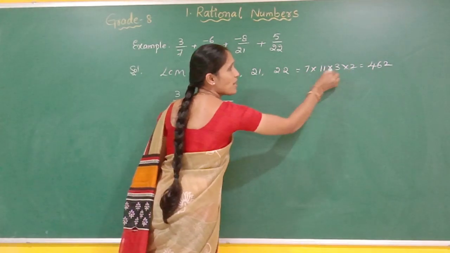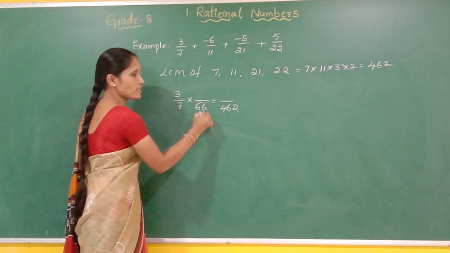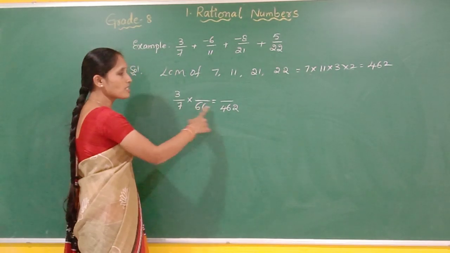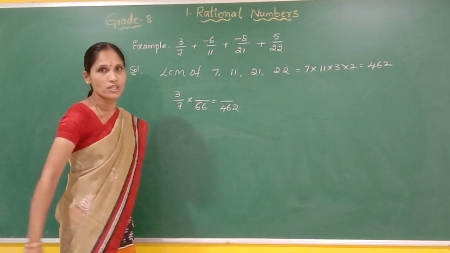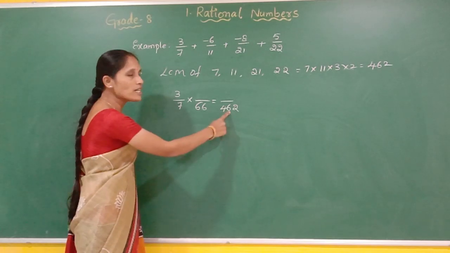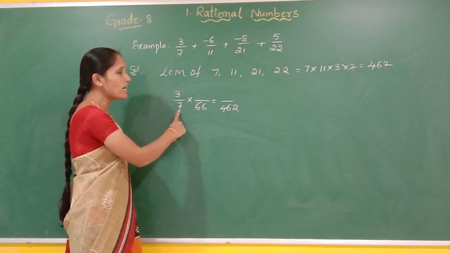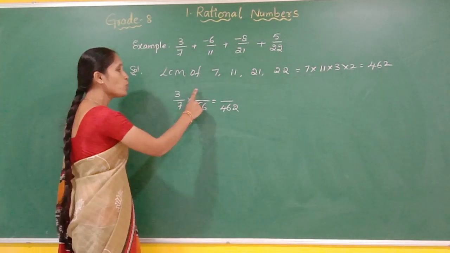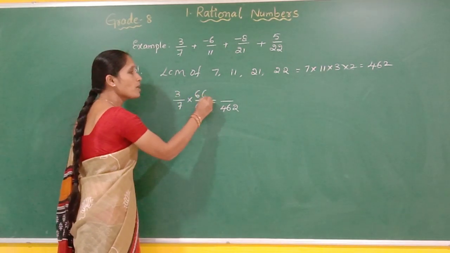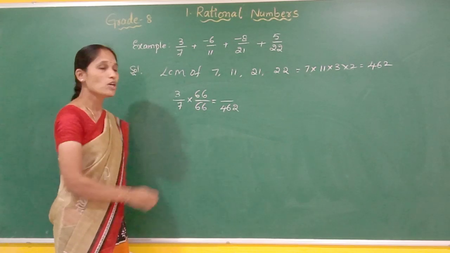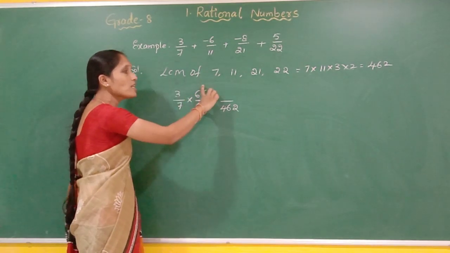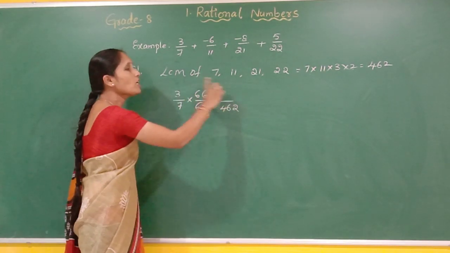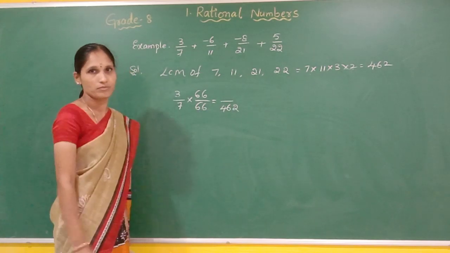Yes, that is nothing but 66. 66 into 7 is equal to 462. Not only the denominator, even the numerator we also multiply by 66. Both the numbers are multiplied by the same number to get the equivalent fraction of the given number.